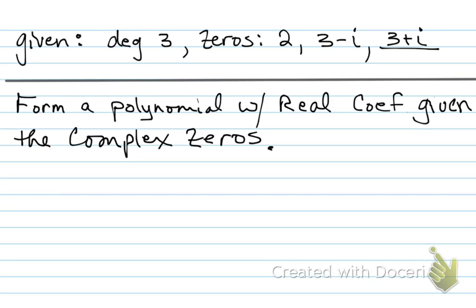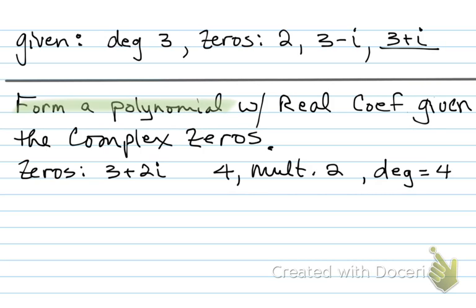Alright, so in this next example, we're going to use this idea with the complex zeros and conjugate pairs to form a polynomial with real coefficients, given these complex zeros. As you see here, we're given one complex zero, 3 plus 2i, and then 4 with a multiplicity of 2.